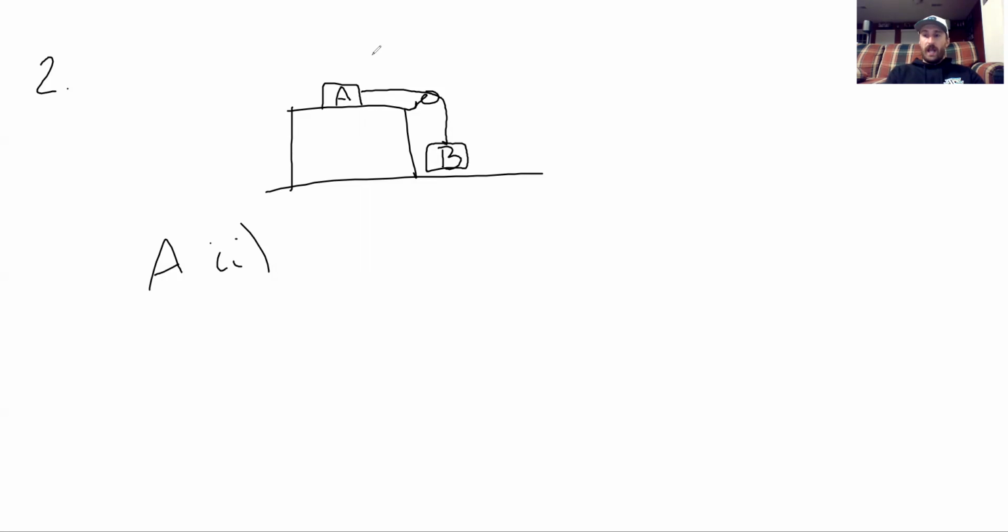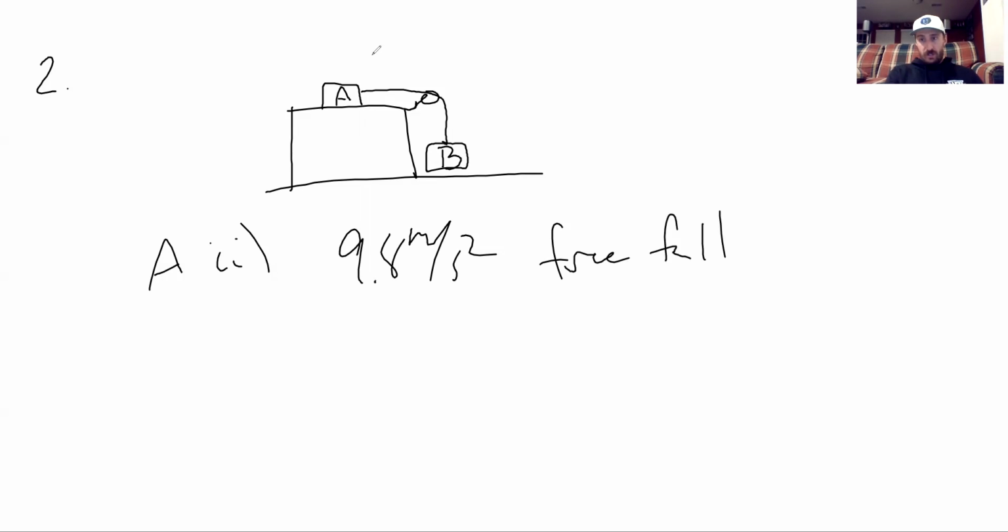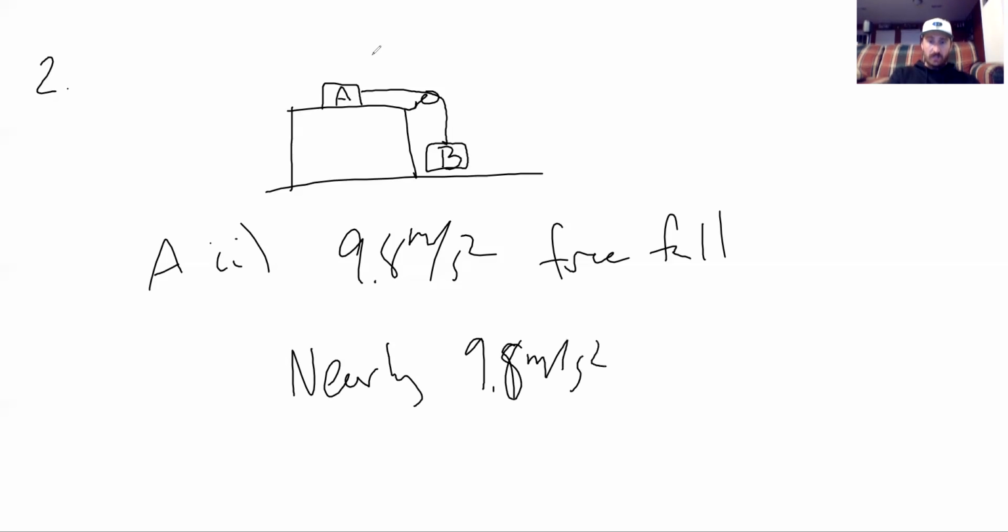If there was no block A and block B was just falling, it would have acceleration due to gravity, right? It would be going at 9.8 meters per second squared. It was in free fall. So there's no friction on block A, and there's barely any mass as compared to block B. So it's going to take away some, but since it's so small compared to block B and there's no friction, what we can say is it's going to be nearly 9.8 meters per second squared.